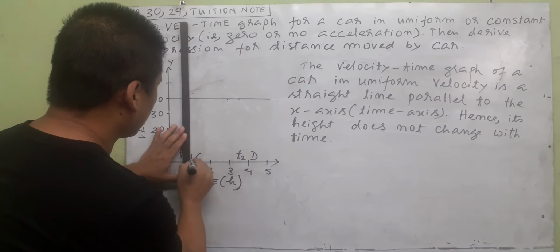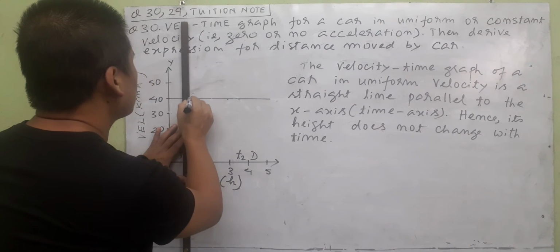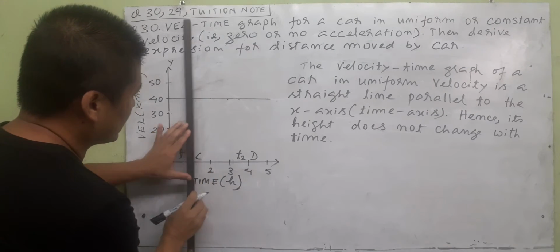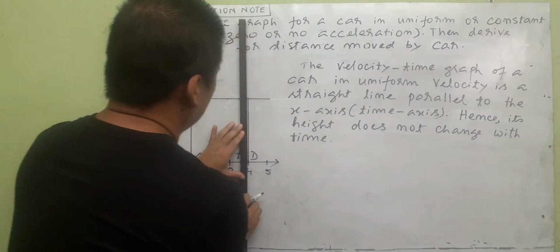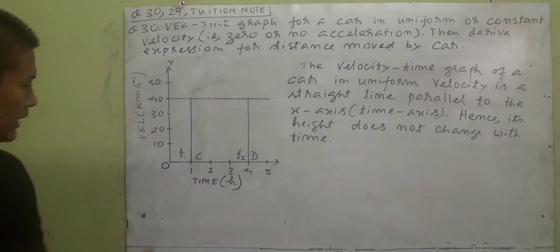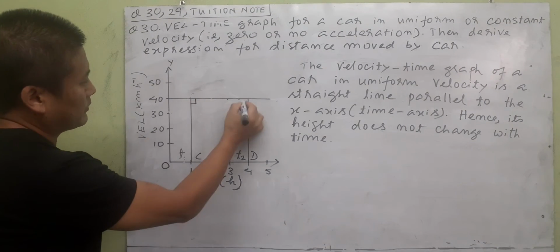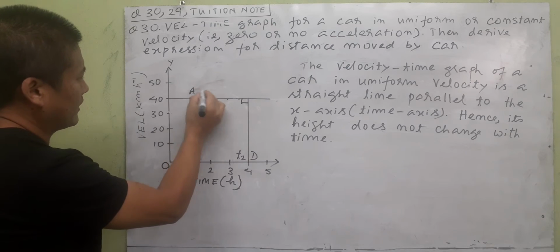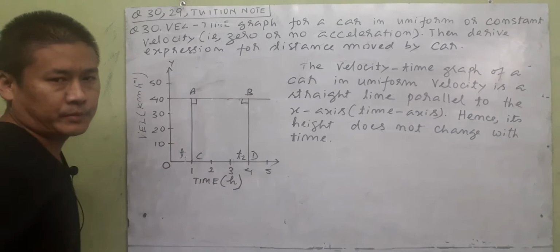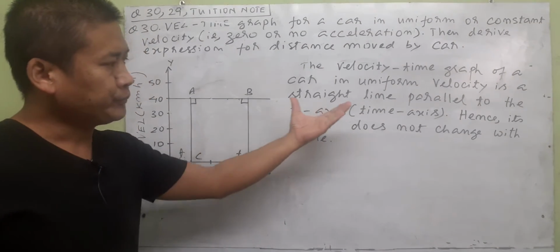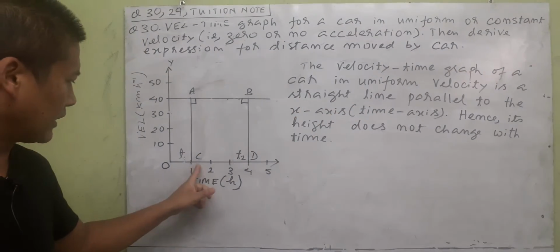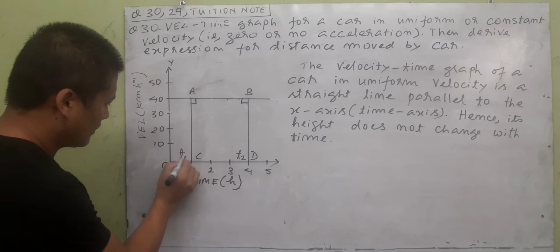From the T1 point on the time axis, which is C, and T2 point, which is D, you draw a line perpendicular to the graph, and let's say it meets the graph at A and B respectively. We'll have to do like that, the steps to find the distance traveled by the car between T1 and T2.